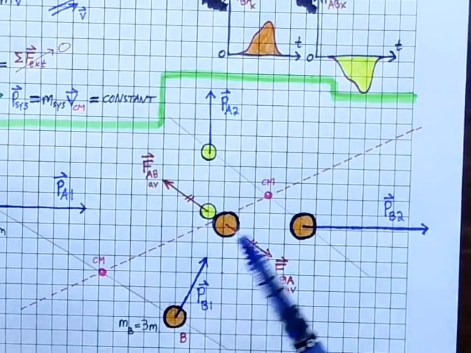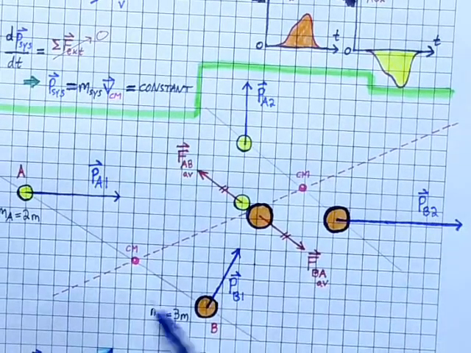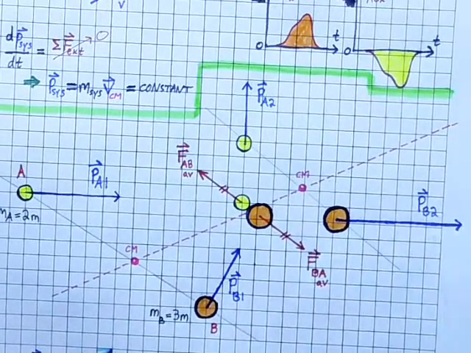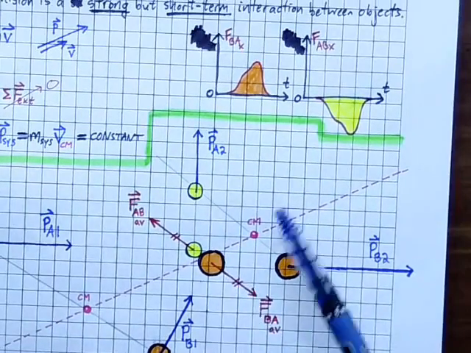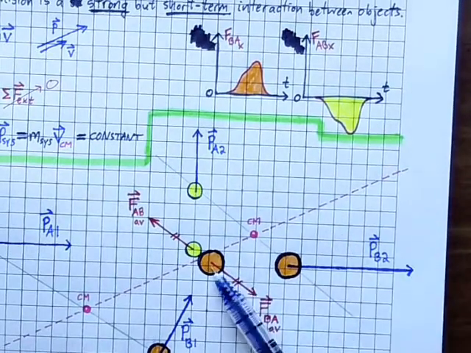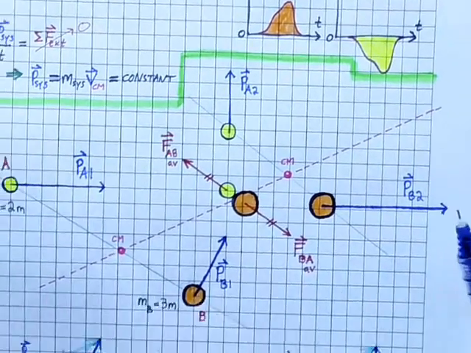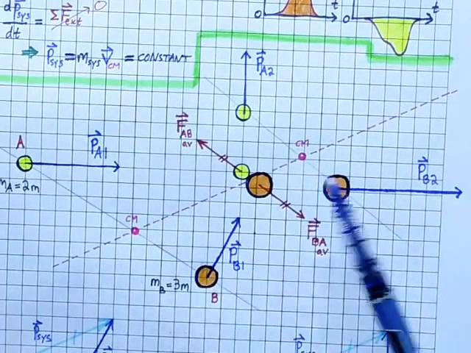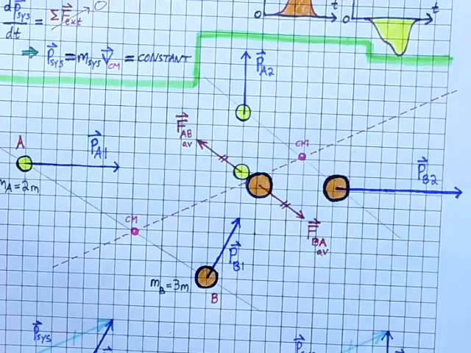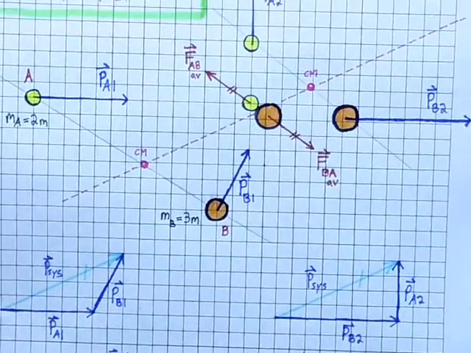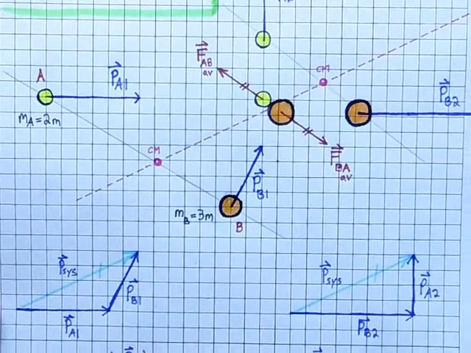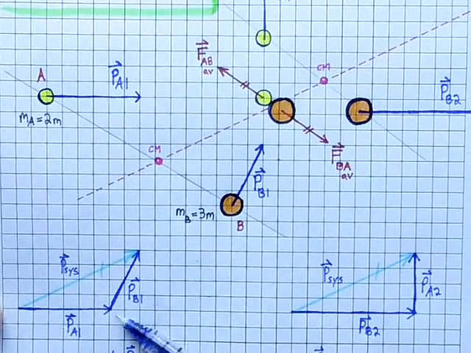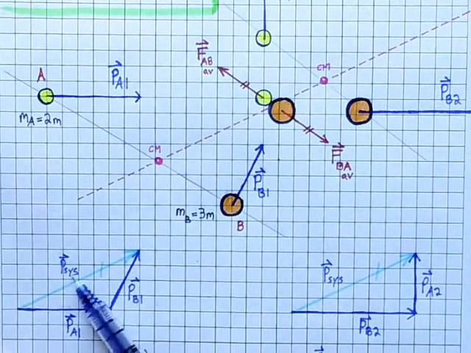All right, so we've seen the before state and the after state, and we know there's this complex business going on during the collision itself. Let's compare the total momentum before to the total momentum after. By total momentum, I mean the momentum of this system, P-sys, we can call it. Down here, I'm showing the total momentum of the system before the collision.